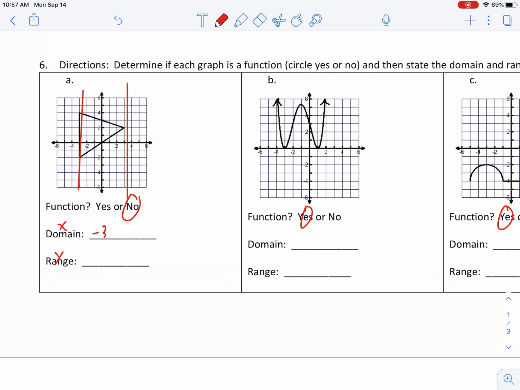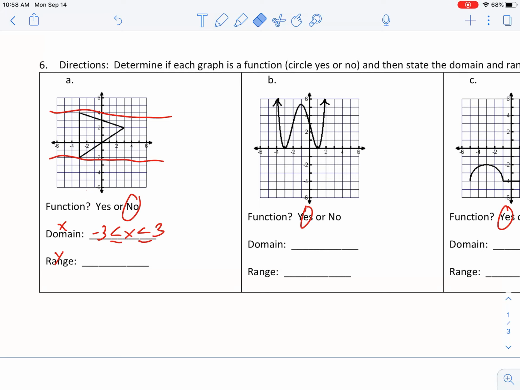From -3 to +3. Now, after that, I'm going to put an equal to underneath each one of those because right here, it is all solid. Right here, it's a solid point. It's not open. For the range, I think of floors and ceilings. There's a floor and a ceiling here. It's not going below -2.